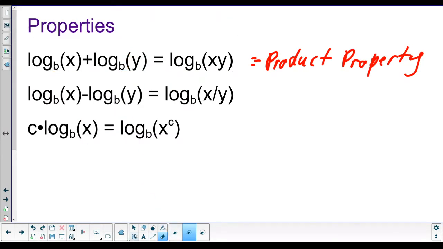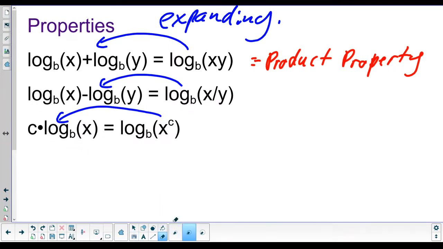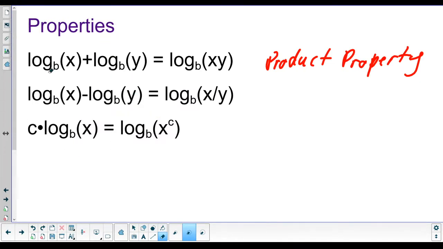If you go the other direction though, if you go this way on any of these, you are expanding our logs. Cool. So the first one says that if we are adding 2 logs together with the same base, we can take the arguments and multiply them together inside 1 log, and that log's base is the same as the original base.